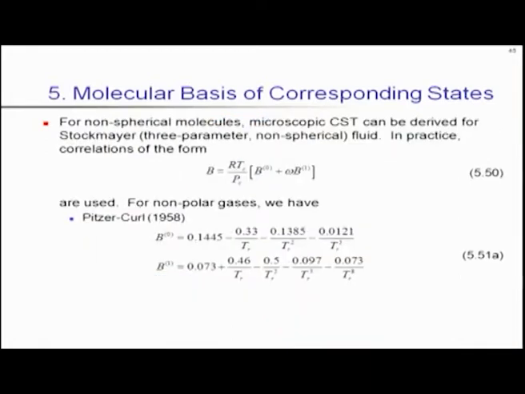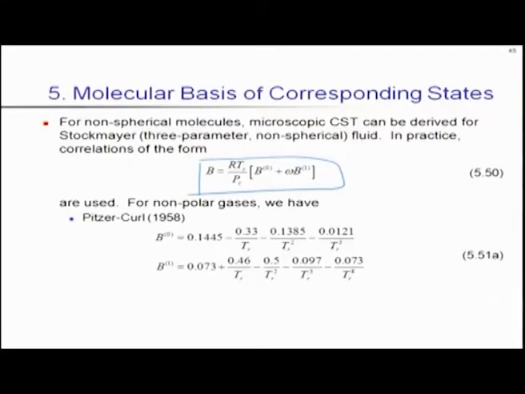So for non-spherical molecules, the microscopic CST can be derived for a Stockmayer three-particle non-spherical fluid. Now typically for non-spherical fluid we have come up with an expression which is given here. The second virial coefficient B contains RTc by Pc. This is a term which is due to the spherical part, and this is the contribution due to the non-spherical nature of the particle.